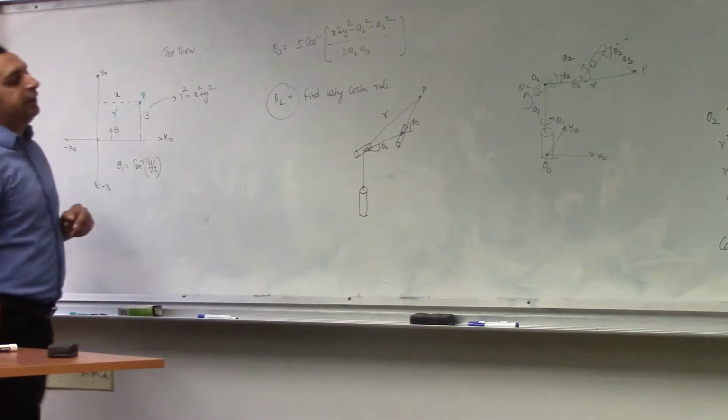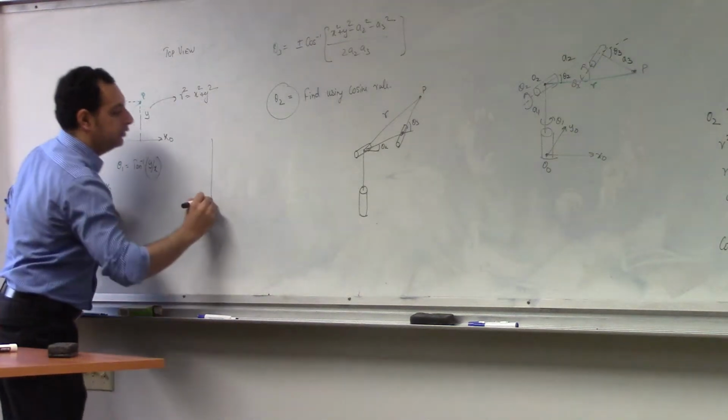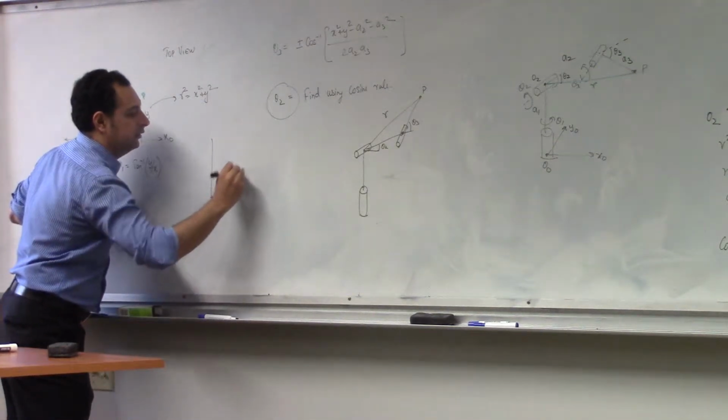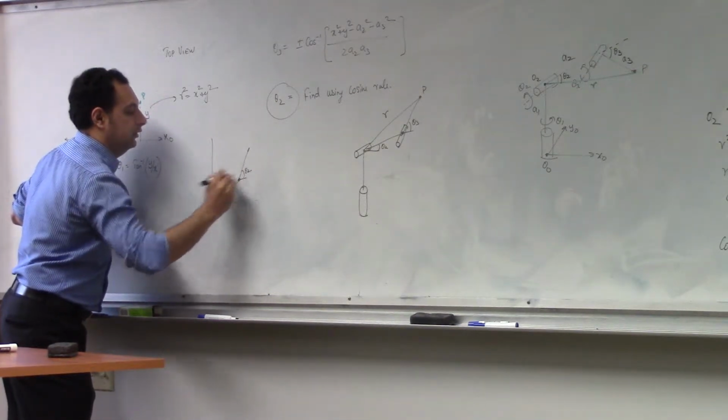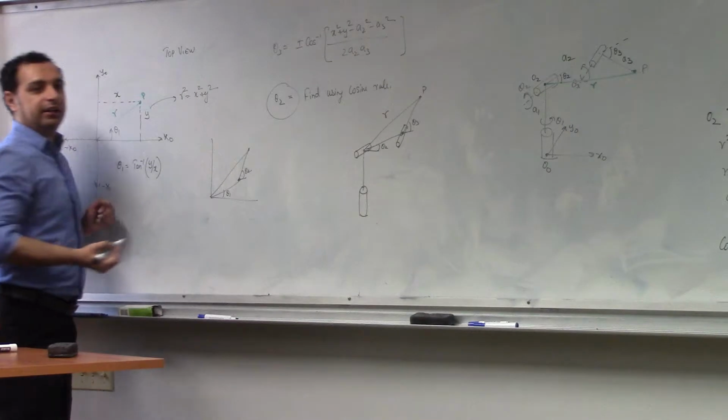This is exactly like a 2DOF manipulator, right? A 2DOF manipulator was like this, and we solved it like this, okay?